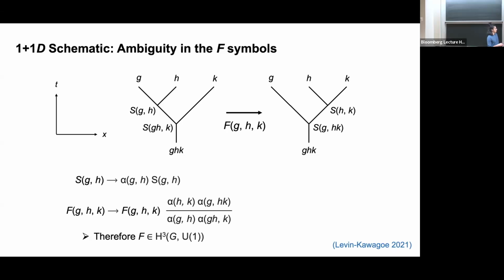The idea is that we have these 4 splitting operators, but the phase of the splitting operator is ambiguous. If we redefine the splitting operators by multiplying by some phase, which depends on the 2 group elements G and H, then we find that F transforms by this coboundary. Therefore F is not just a cocycle, but it defines a cohomology class.